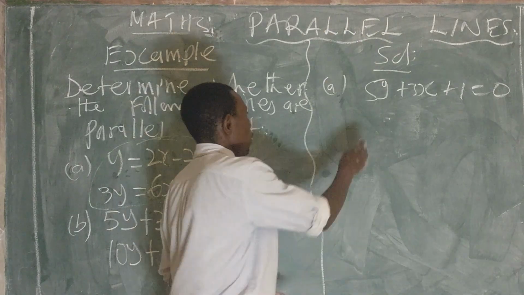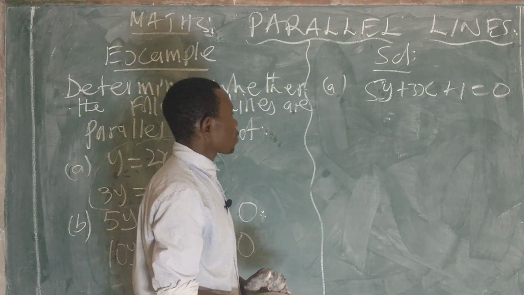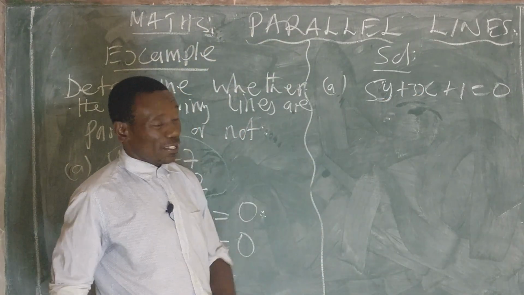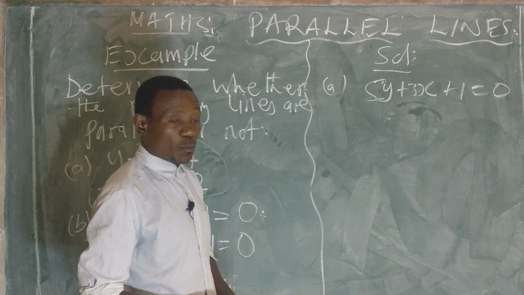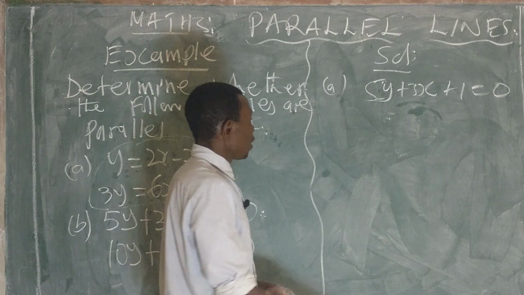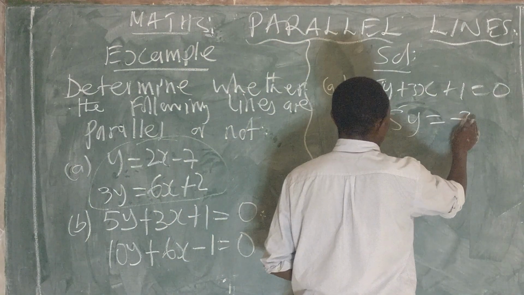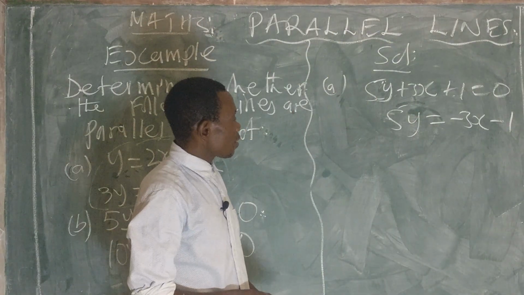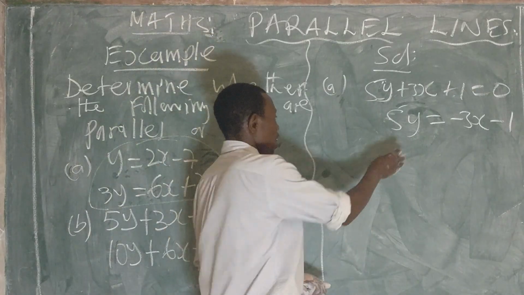We still have to make y the subject of the formula. So we have to transfer these other terms which do not have a y variable to the other side of the equation, so that this side remains with a term with the variable y alone. So I'll have 5y = -3x - 1. Once we have done that, let's divide each term by the coefficient of y, which is 5.